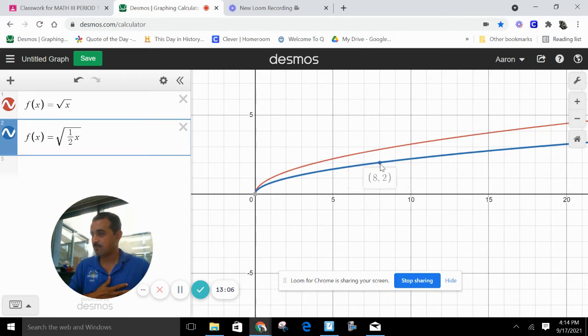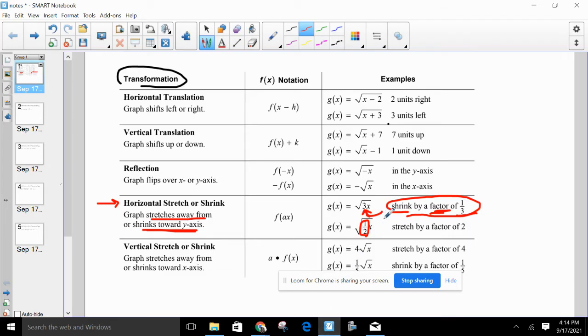Notice right there. Okay? So that's why when we talk about this kind of transformation, even though it's a fraction, notice the note guide right here, even though this is a fraction of 1/2, we say it's a stretch by a factor of 2. And if it's a whole number, we say it's a shrink by a factor of 1/3.